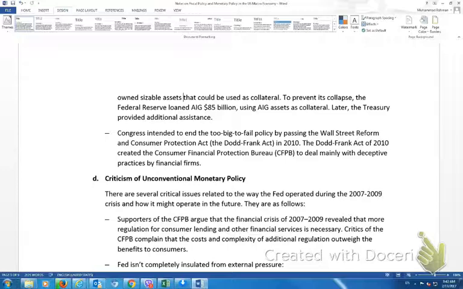As some of you might know, the Dodd-Frank Act has been basically dismantled a couple of weeks ago, and the Consumer Financial Protection Bureau has been disbanded.